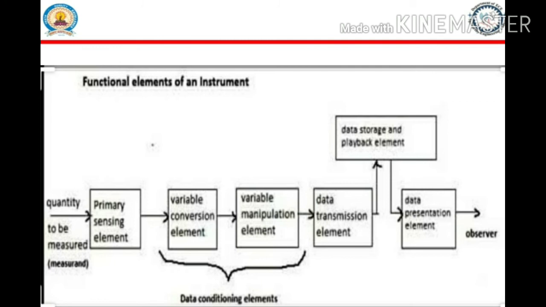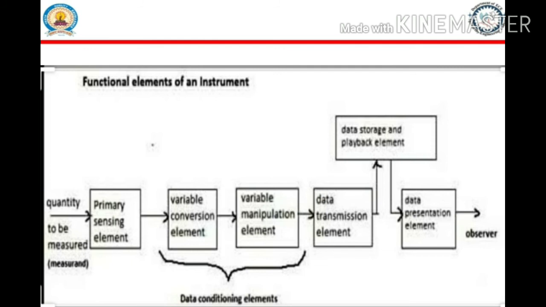Sometimes the satellite also contains an intermediate stage, doing some variable manipulation and conditioning. But after that the analysis is not possible; you cannot do analysis at the output stage in the satellite. So the output of the intermediate stage needs to be transmitted to the end stage, the output stage, where the display devices, analyzers or storage devices are available, that is, the station where you do the analysis of the data.